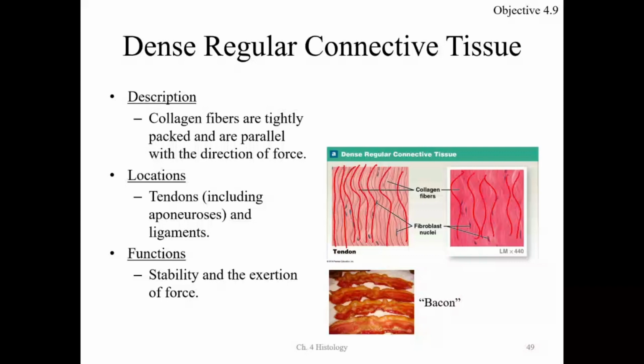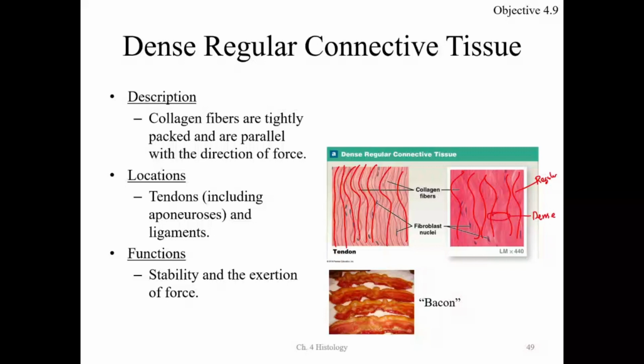So this makes these fibers regular. Notice also that they are fairly tightly packed, so they are also densely packed. They are dense. Hence, dense regular. They are tightly packed and parallel with the direction of force. So being tightly packed, dense, parallel, regular.